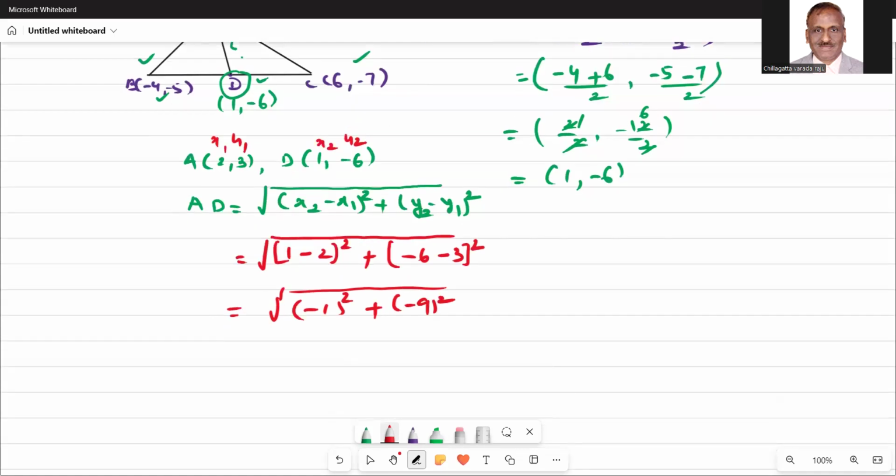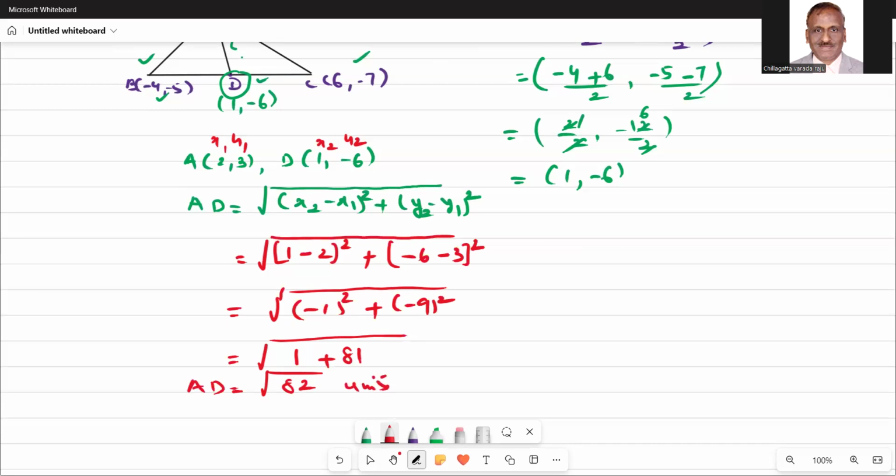On further simplification, (-1) whole square gives you 1, and (-9) whole square is 81, so 1 plus 81 is the square root of 82. So AD is equal to square root of 82 units.